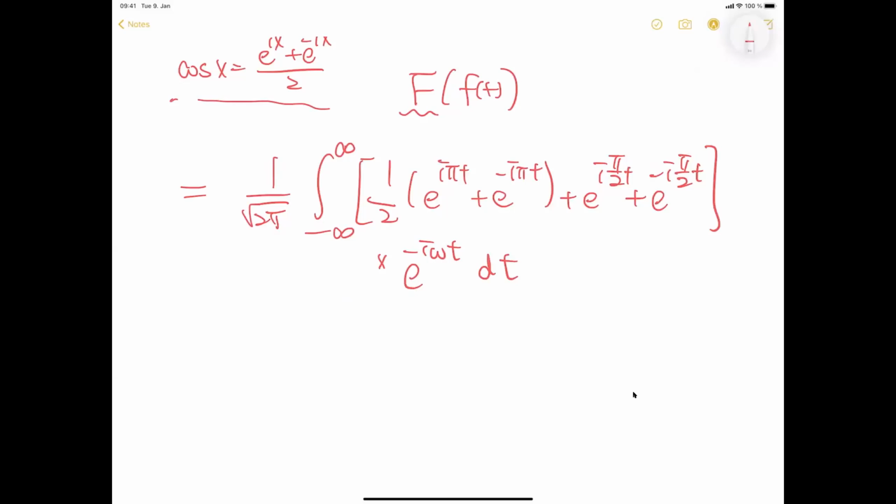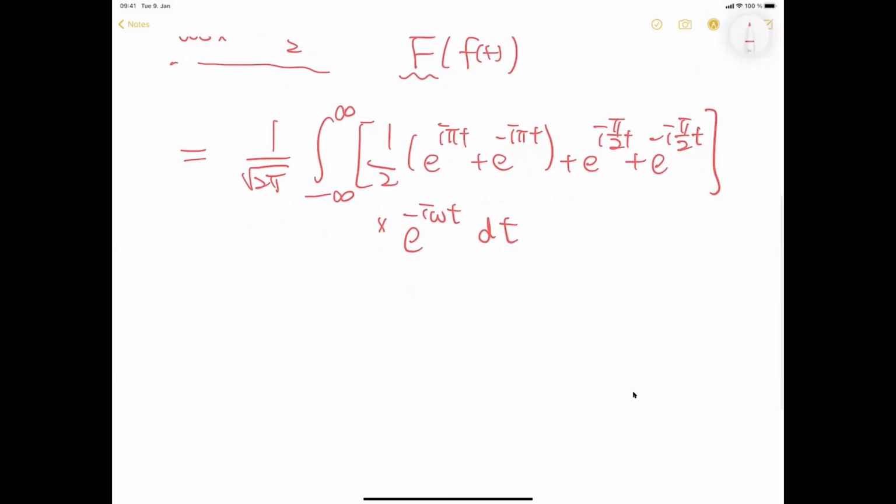Then you can combine all of these exponentials, which is very easy.